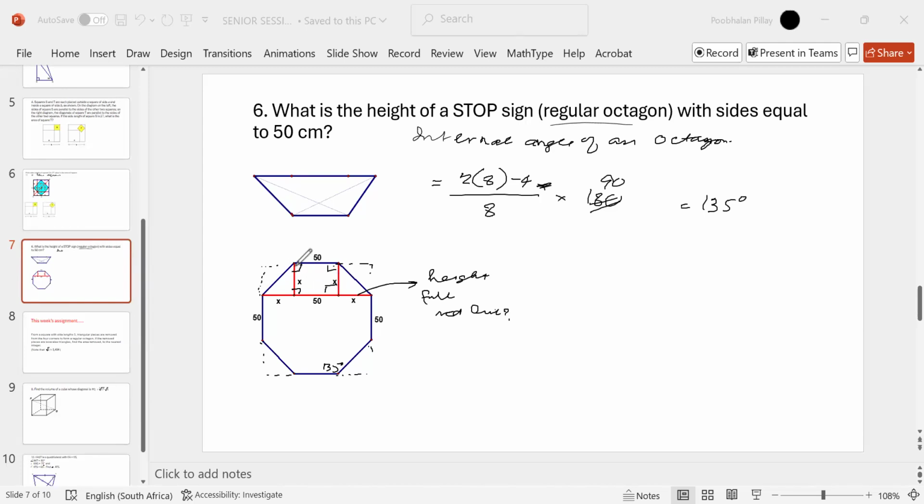So you've got a rectangle. This is equal to this because this is 90 and this whole thing is 135. We saw that. So therefore, that must be 45, each one of them.